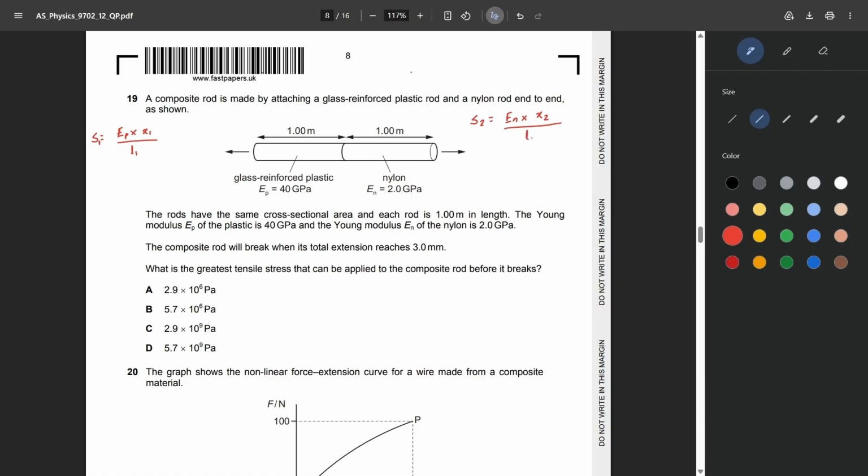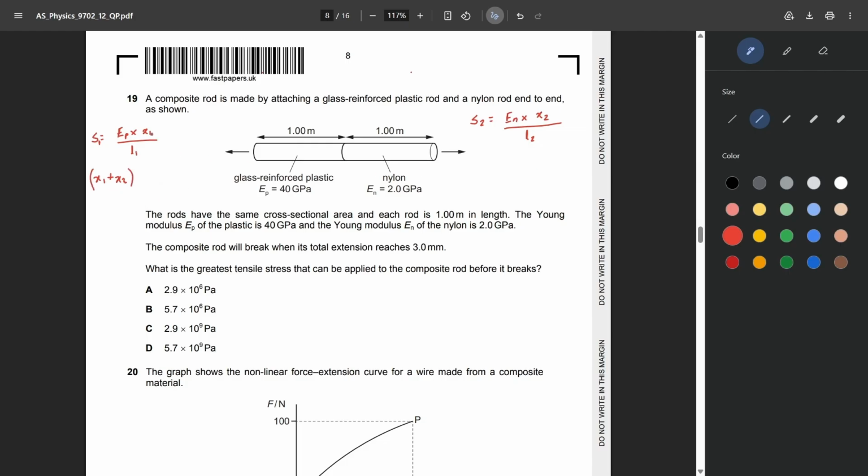Let's call it L2. Okay, so the composite rod will break when the total extension reaches 3 millimeters, which means the sum of the extension of the glass reinforced plastic plus the extension of the nylon should be 3 when the rod breaks. So x1 plus x2 is the extension when the rod breaks.